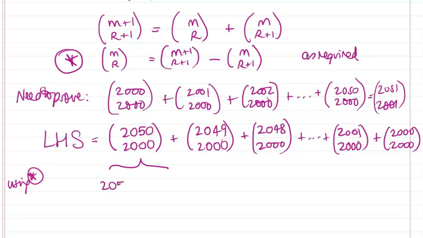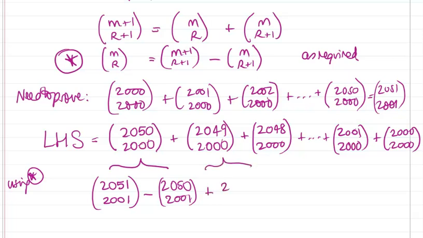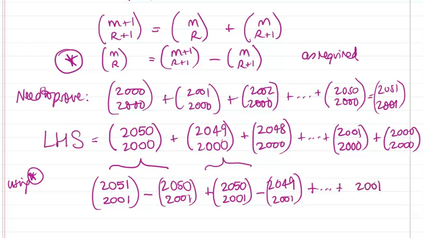So I can rewrite this as 2051 choose 2001, less 2050 choose 2001, and then the next term, this one, turns into 2050 choose 2001, less 2049 choose 2001, and so on, all the way down to 2001 choose 2001 plus 2000 choose 2000.